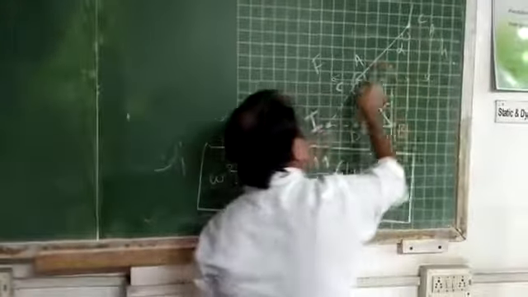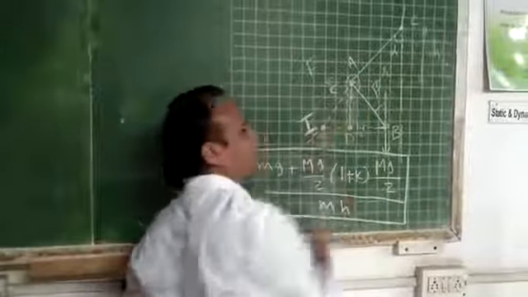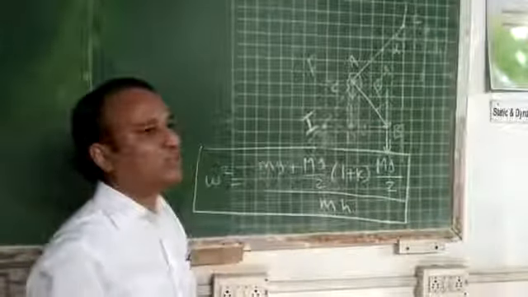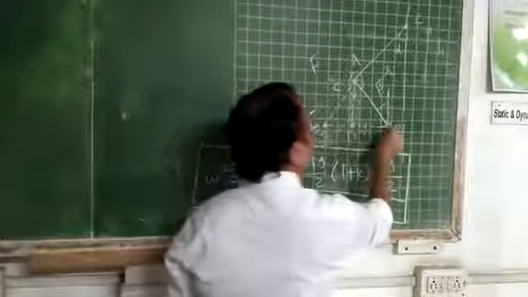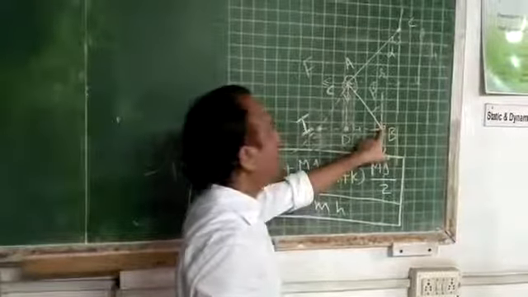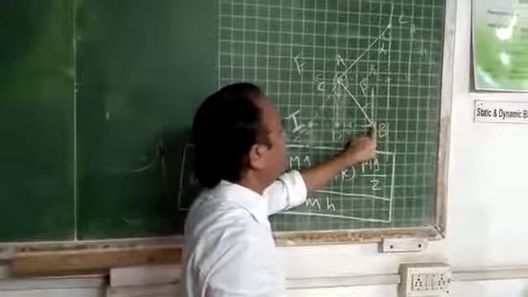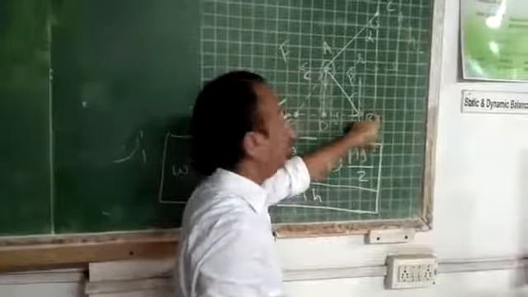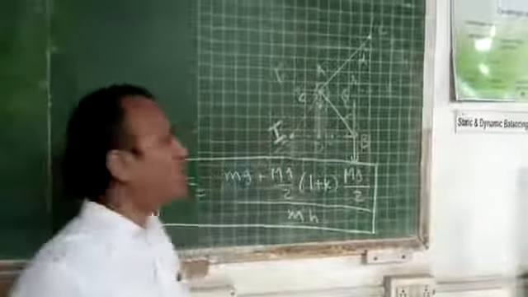I will extend the upper links, extension with dotted line I have shown, and point B is the end point of lower link. This point B may lie on spindle axis or may not lie on spindle axis.